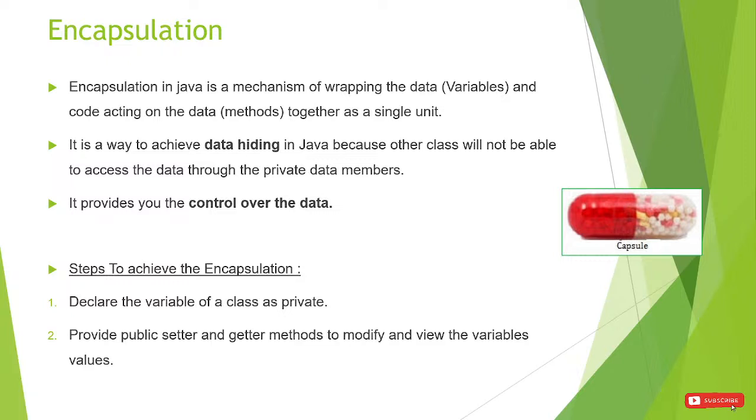Another step is to provide public setter and getter methods to modify and view the variable values. If you want to get a value, we use the getter method, and if you want to set a value, we use the setter method.